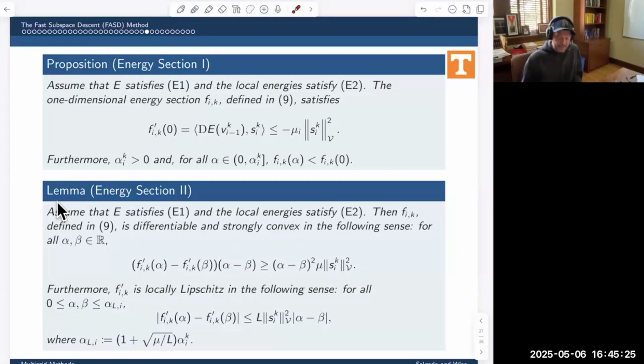The second statement is a statement about the strong convexity and local Lipschitz continuity of that local function. We can say a lot about the strong convexity and local Lipschitz continuity, and basically these calculations fall out pretty quickly, so I'm going to skip those as well.